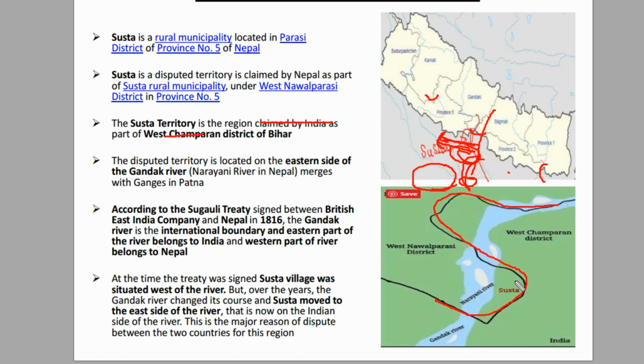You can see previously it was here, now the river flows through here, westward shifting, northward shifting. So this region now comes along the left bank of the Gandaki or Narayani river. Once it comes on the left bank, that belongs to India now. So these are the two areas of conflict between India and Nepal.